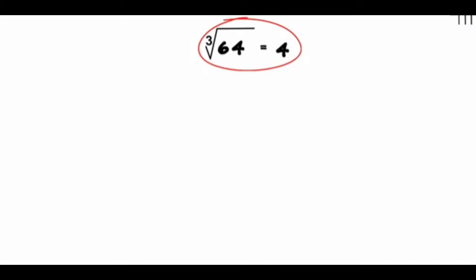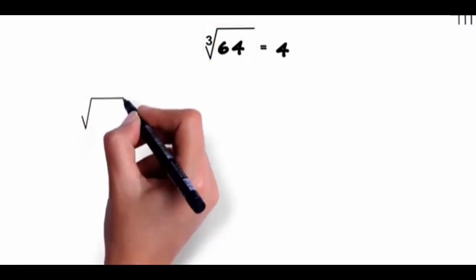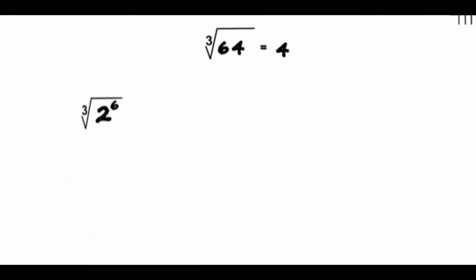The cube root of 64 is equal to 4. We can also write it in many other ways, like 2 to the power 6.